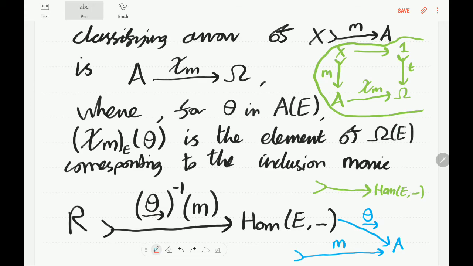And we just consider this to be the result of doing the E-th component of our classifying arrow on theta. Okay. So that's basically what there is to it.